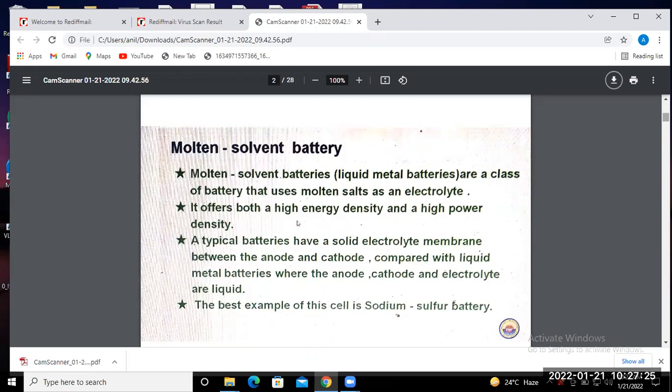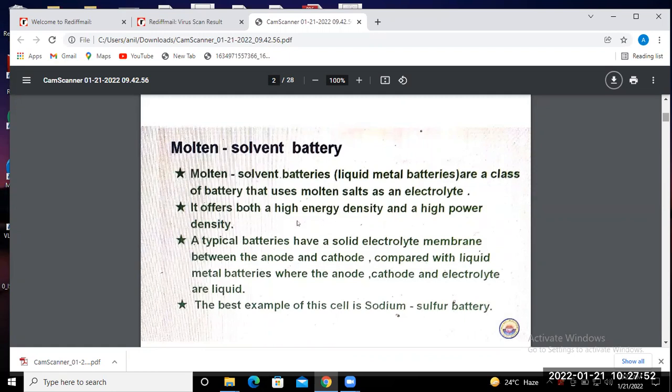A typical battery has a solid electrolyte membrane between the anode and cathode, compared with the liquid metal battery. In the previous class, we already discussed some other batteries, that means some primary batteries and the classification of secondary batteries. Okay. So under which we are going to discuss here.